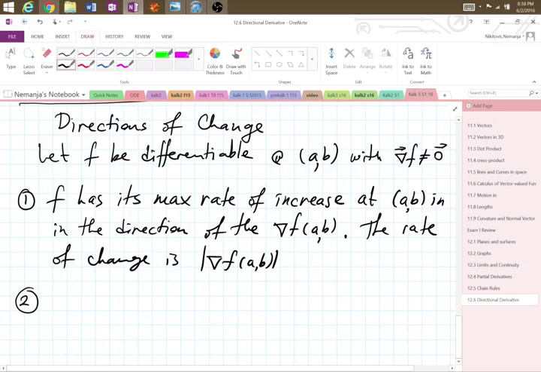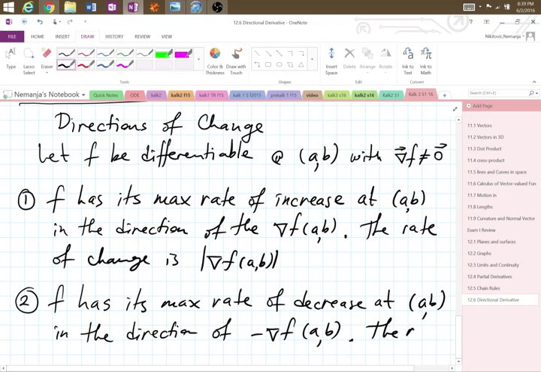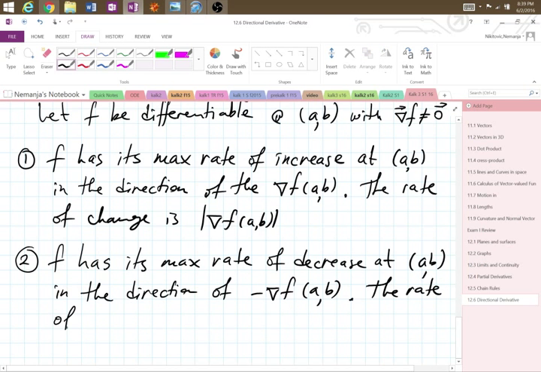Number two, it has the maximum rate of decrease at the negative gradient, which means negative gradient looking the other way. f has its max rate of decrease at (a, b) in the direction of negative del f at (a, b), and again the rate of change is the magnitude of the gradient.